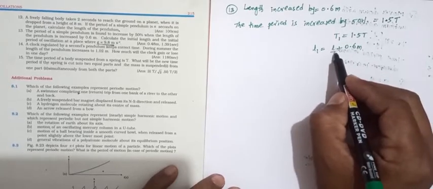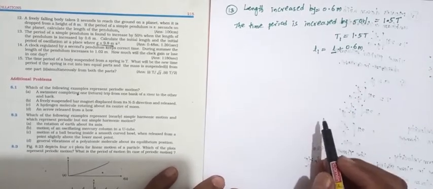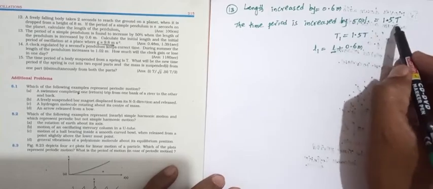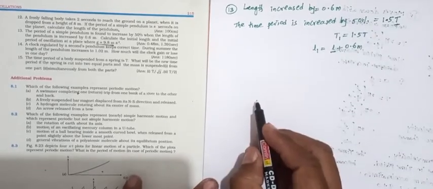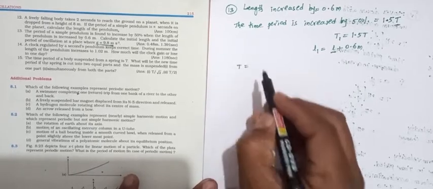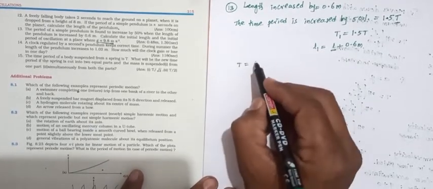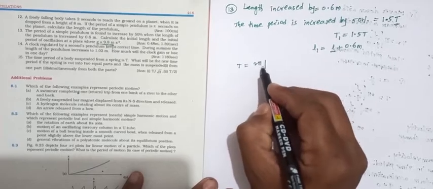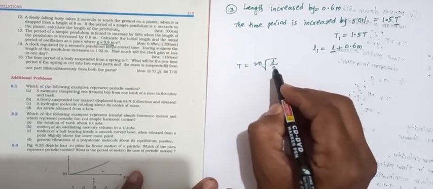So here the length of the pendulum is the initial length and the initial time period is T. So what is the equation for the time period? The time period for the simple pendulum, T equals 2 pi into square root of L by g.